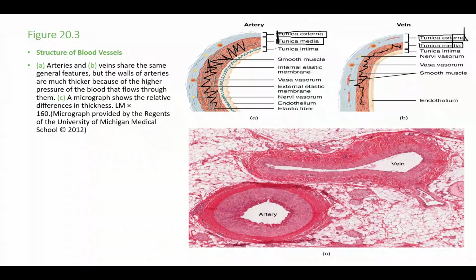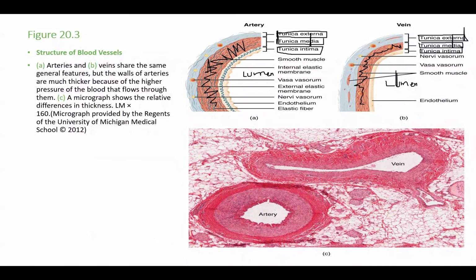Now, the inside layer is called the tunica intima, and this consists mostly of epithelial tissue. And then inside here, of course, this is the lumen of the artery, which is where the blood is located. And this is the lumen of the vein where the blood is located.